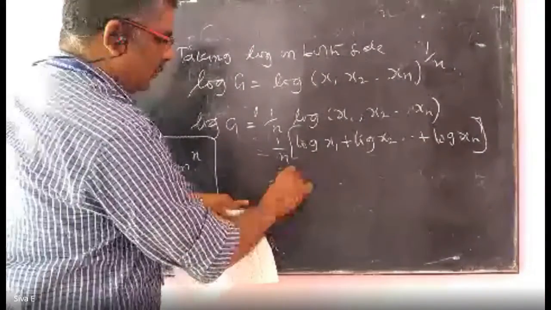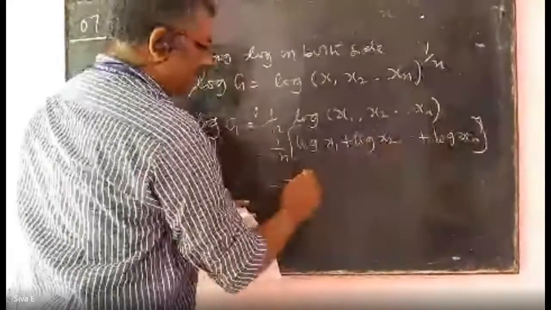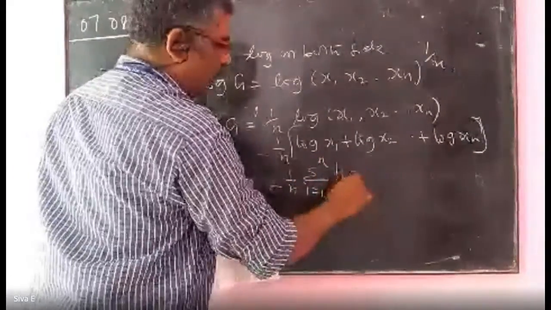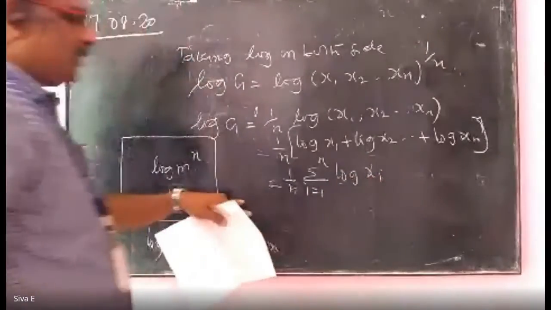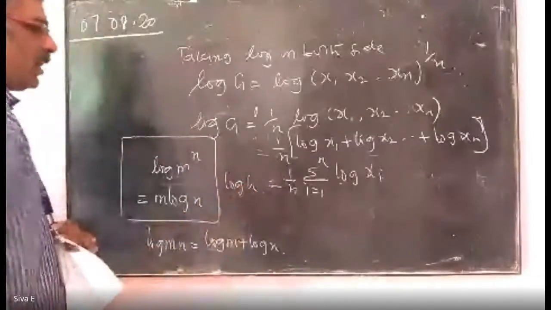So 1 by n, how can we write that? As summation of i equal to 1 to n log xi. It is the log G value.